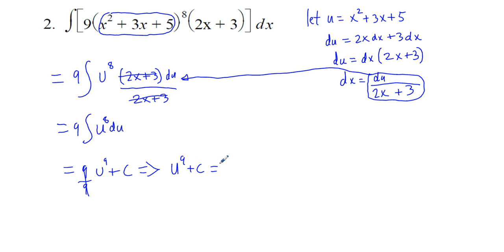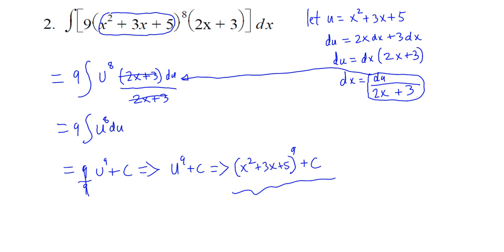And that's going to be equal to, replacing back our u, x squared plus 3x plus 5 to the 9th power plus c. And this is going to be our answer right here.